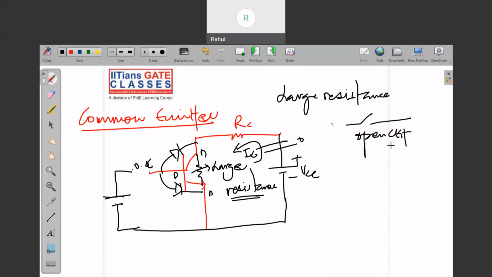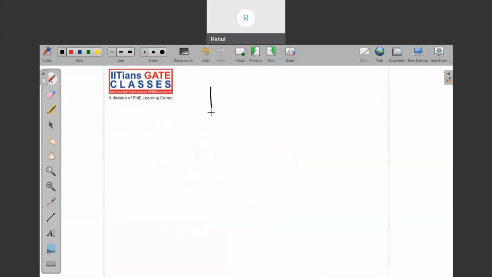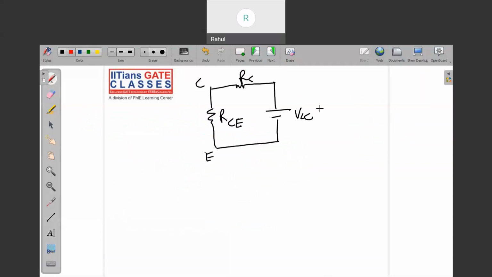Suppose there is a resistance between the collector and emitter, and there is an RC and there is a VCC, that is the supply, okay. So this is your collector terminal, this is the emitter terminal. If the resistance is pretty high, what is the meaning of that?